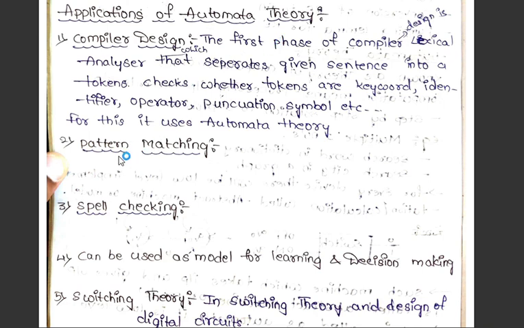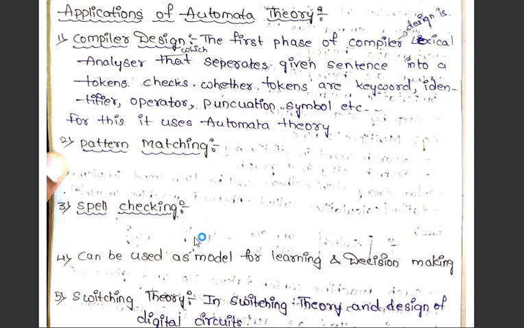Even it is used in pattern matching, like recognizing some patterns, and spell checking, and it is even used in some models for learning and decision making. Switching theory means that we'll be using designs of digital circuits.